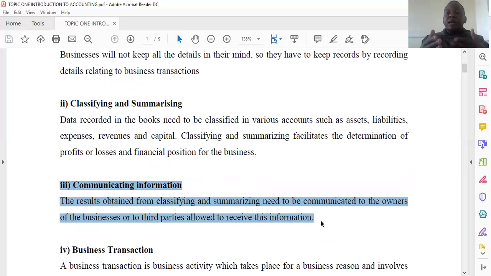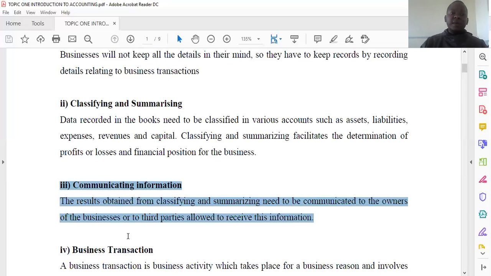So people like the owners of the business, the suppliers, the lenders, the banks, the customers, and the general public are all in need of the financial information of a business. And accounting comes in to provide that information: information on profitability and on the financial position of the business.